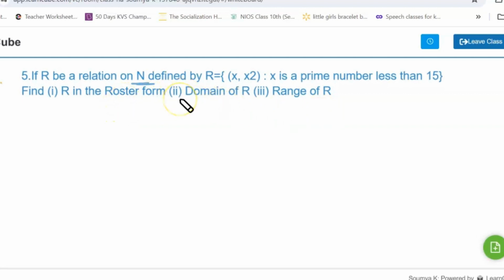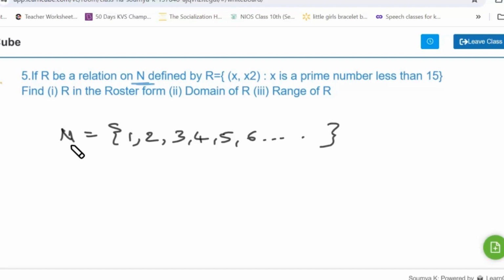Roster form will always have your elements listed. Natural numbers always start with 1, then comes 2, 3, 4, 5 like that, and x you have to mention as a prime number which is less than 15.